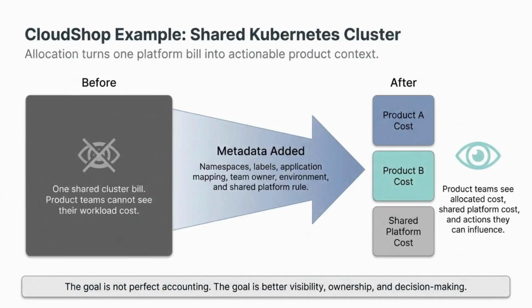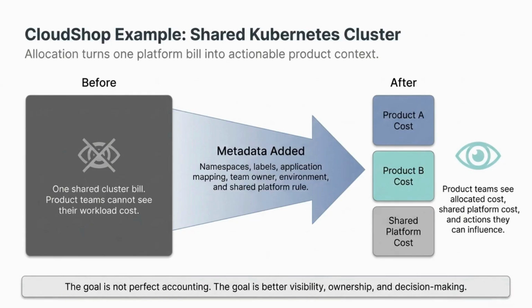In the CloudShop example, one shared Kubernetes cluster supports multiple applications. At first, the bill appears as one platform cost. Product teams cannot see their portion, and the platform team is left explaining the entire bill. CloudShop improves this by adding namespace labels, application mapping, team owner information, environment tags, and a documented shared platform allocation rule.